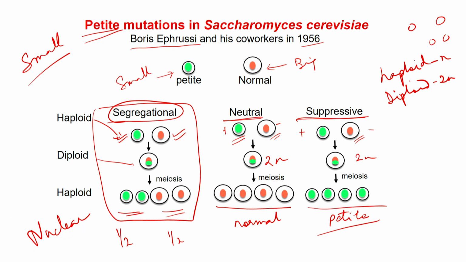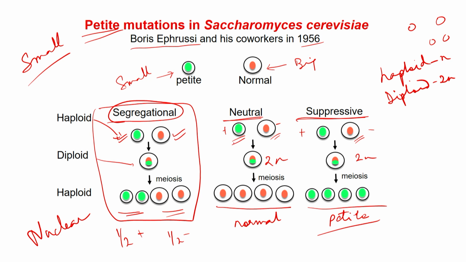That means this phenotype over here is showing nuclear inheritance. Okay? 50% of them, because after meiosis you will have 50% minus, 50% plus, and then you will have Petite as well as normal.